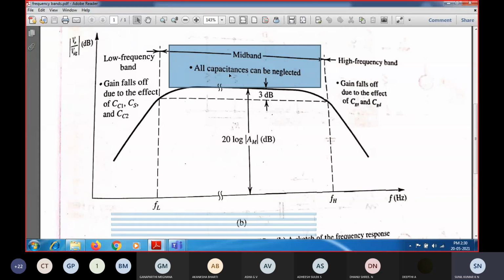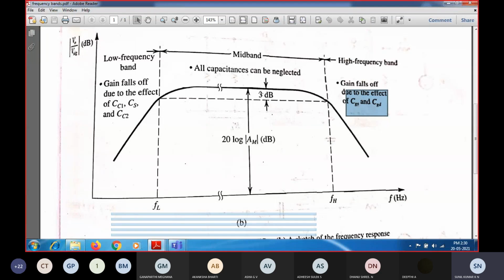So for that reason, all the capacitance can be neglected when you consider the midband frequency. In the midband, the effect of the external coupling capacitors as well as the internal MOSFET gate capacitance will not be there.